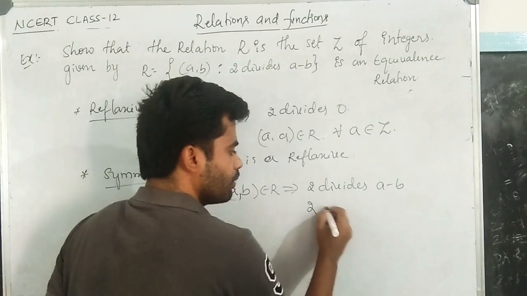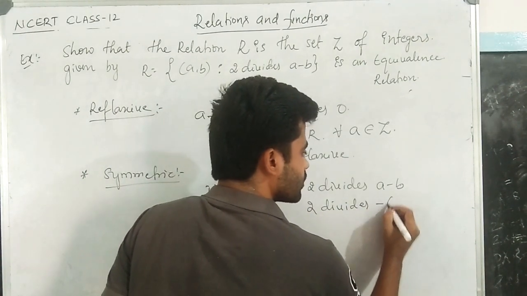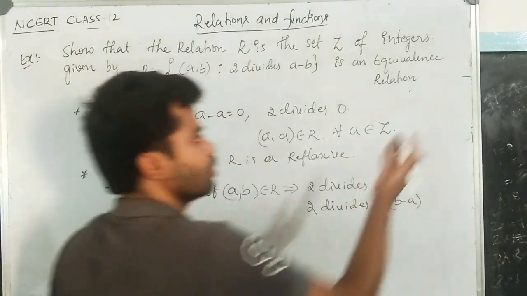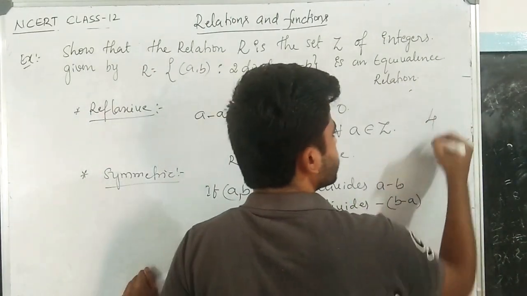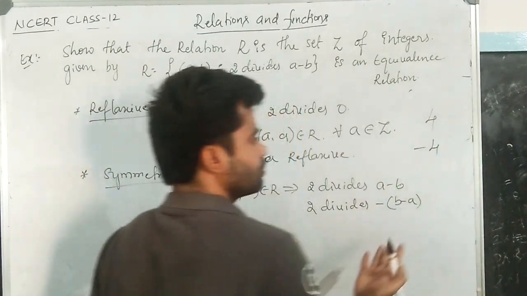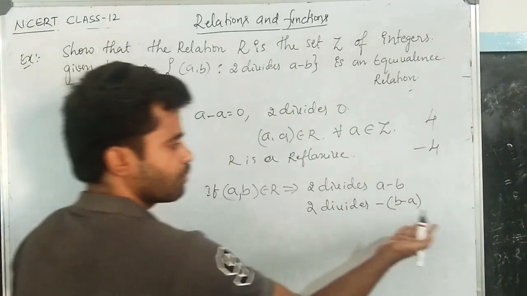Then the negative of this, B minus A, must also be divisible by 2. For example, if 4 is divisible by 2, then the negative of that is also divisible by 2.